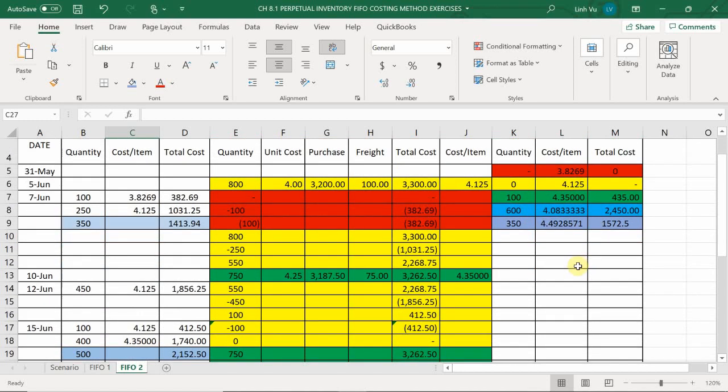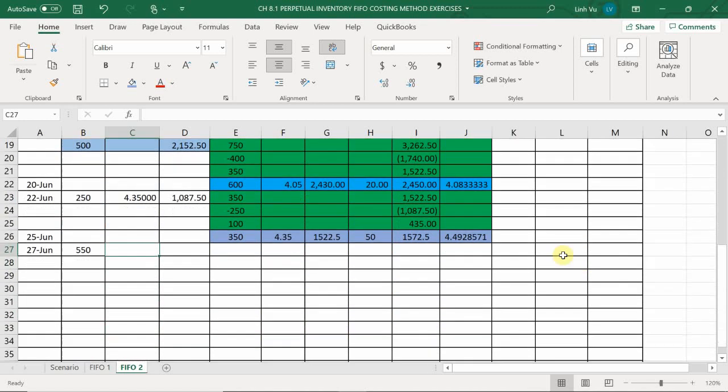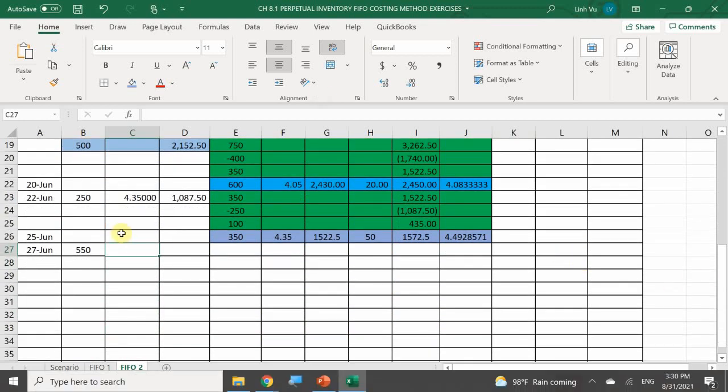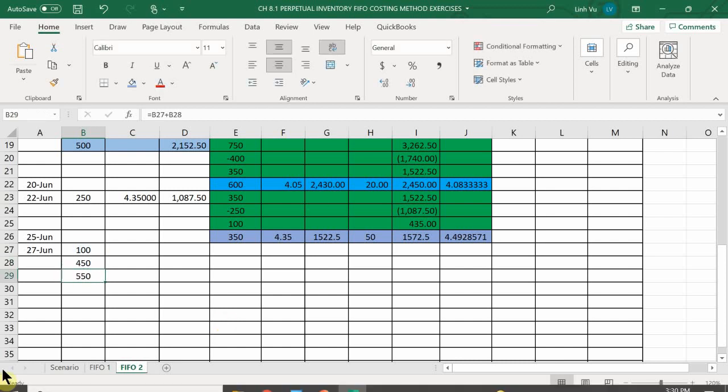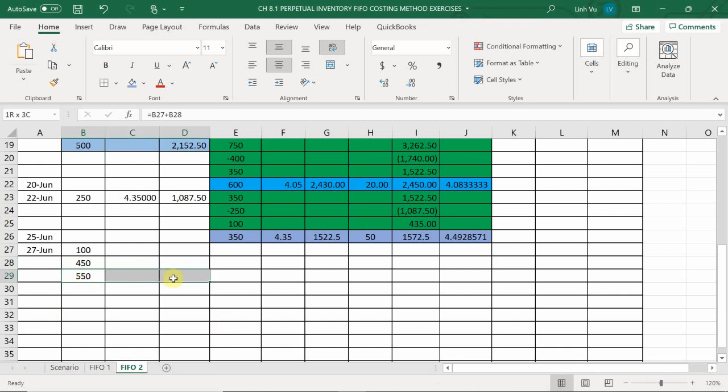The green batch. We're going to take the green batch. Okay, so that means this is going to be another calculation because we need to get to a total of 550 units. So that means we need to sell 450 units from the next batch.